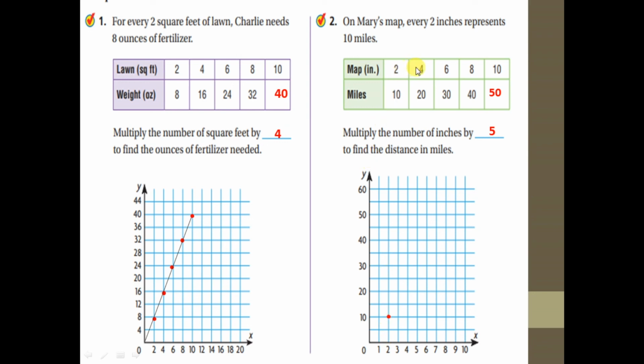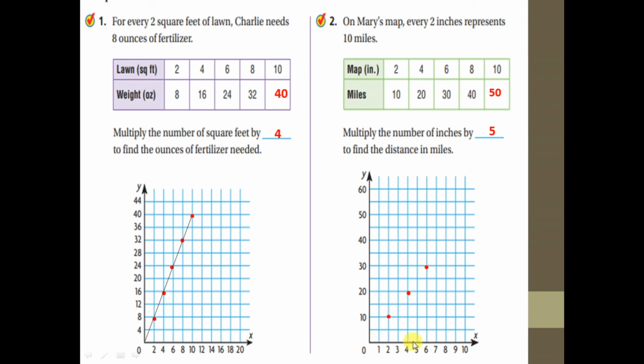The second number or point is 4 with 20. We start from the origin until 4, then we go up till 20. 6 with 30. We start from the origin, go to 6, then we go up until 30. 8 with 40.